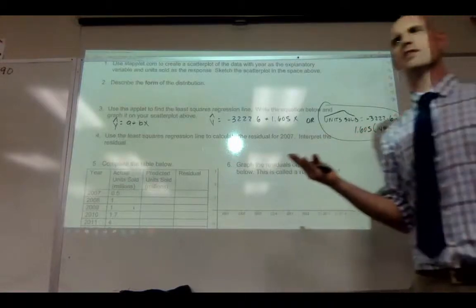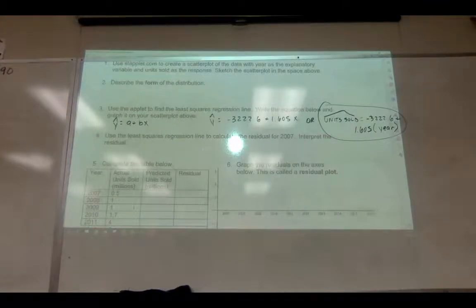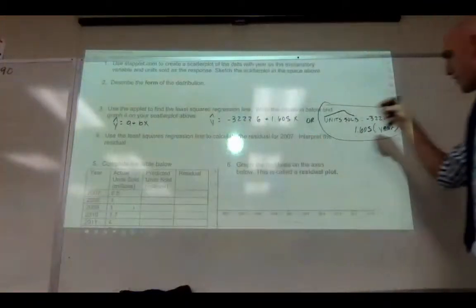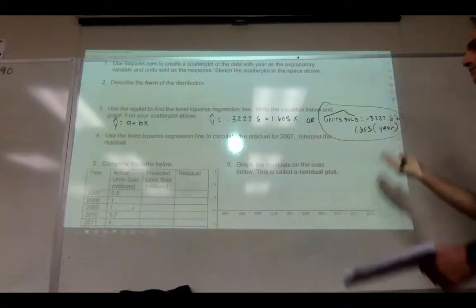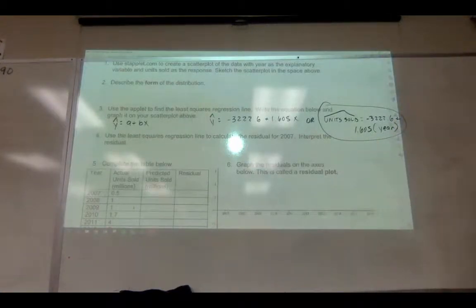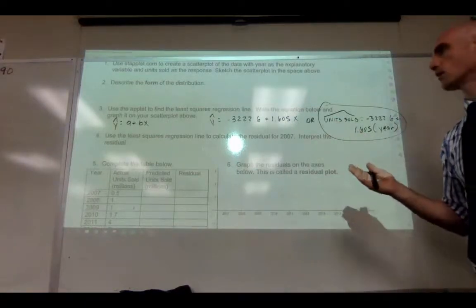Do you think that would be really good data to know, to be able to predict? You do? Okay, so this is a good equation to have, because if I can have a really good prediction, I can say, hey, we're anticipating selling this much, and then they can figure out a lot of different things about their company. What's our profit margin going to be? Not to get into economics, but here we go.